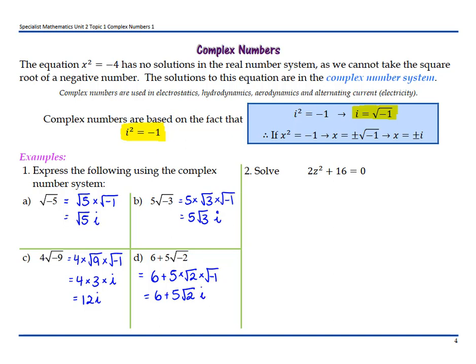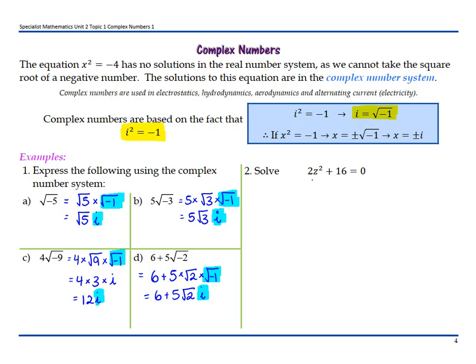So we are just replacing the square root of -1 with i in each case. The more you do, you won't need all these steps. It's really just there to show you what to do in the beginning.